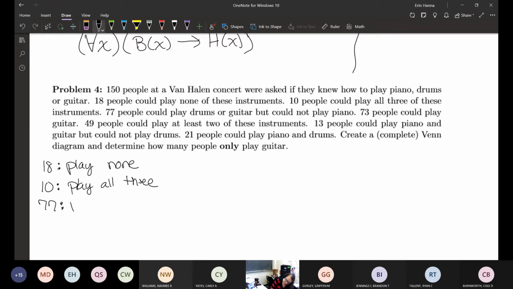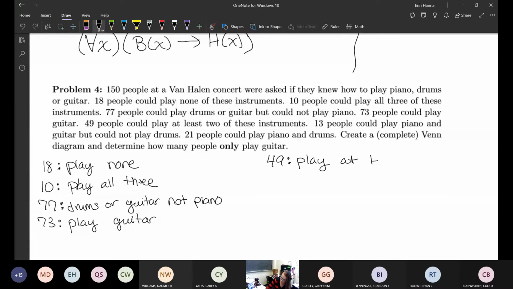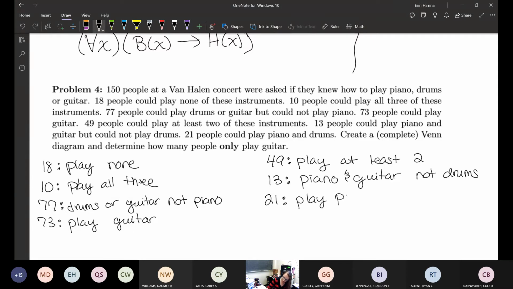77 people could play drums or guitar, but not piano. 73 people could play guitar. 49 people could play at least two. 13 people said they could play piano and guitar, but not drums. 21 people said they could play piano and drums.